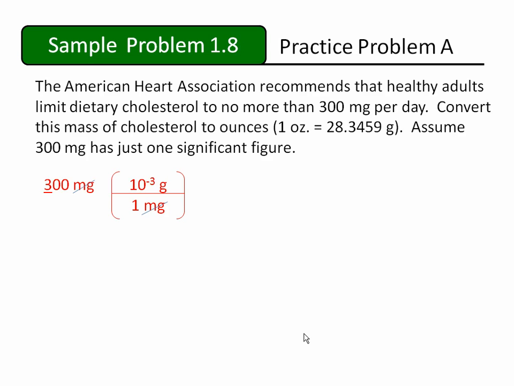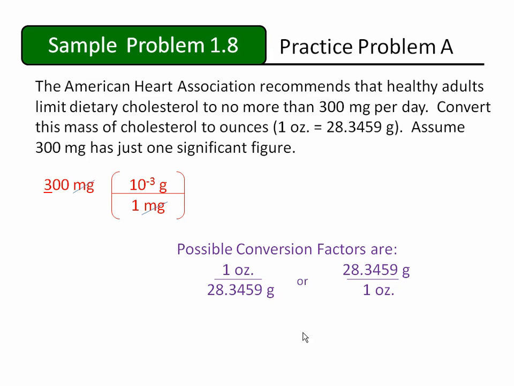We decided that the next step was going to involve converting grams to ounces using the equality given in the problem. From this equality, we could also write two conversion factors, one with 28.3459 grams in the denominator and 1 ounce in the numerator, or the reverse.